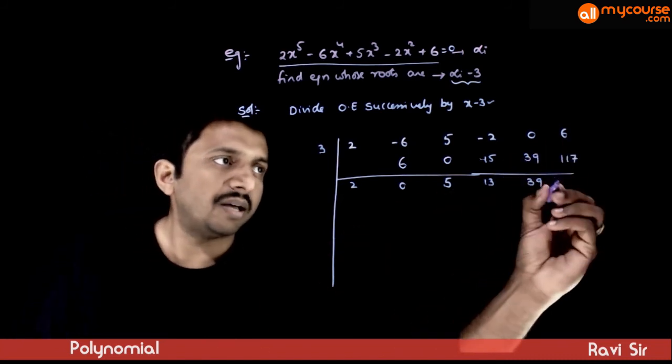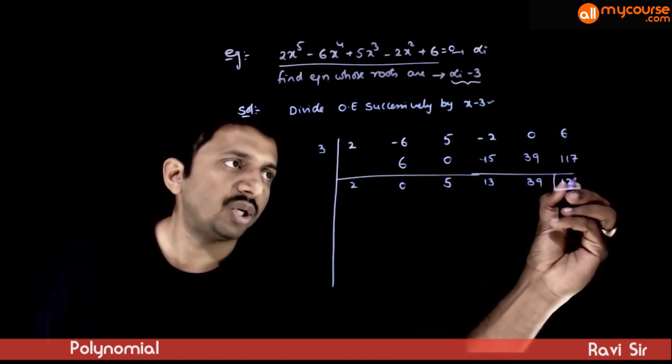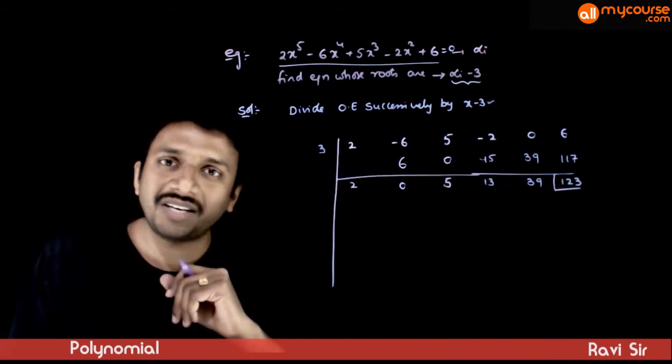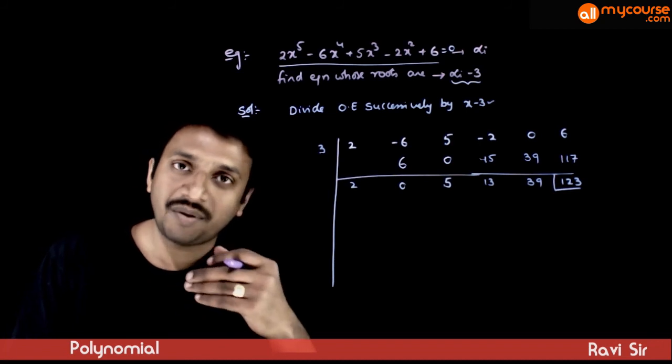So 117 plus 6 is 123. That will be the constant term of the required equation. Now again let us go forward.